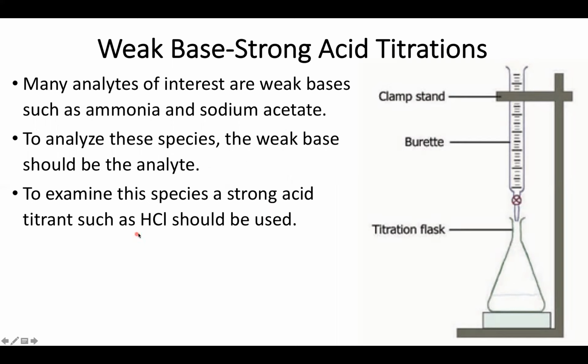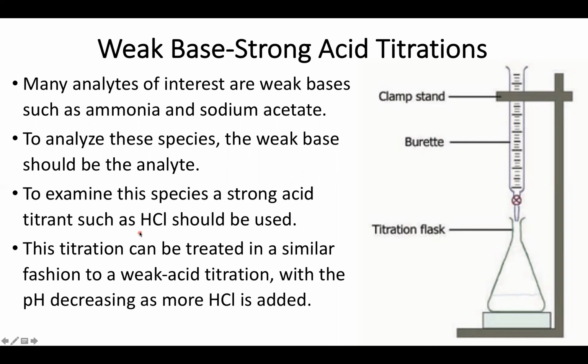And again, HCl is a good example strong acid to use. So in general, these titrations can be treated very similar to our weak acid titrations, but one of the most notable differences is that in a weak acid titration, our pH increased because we were adding a base. In this case, our pH will decrease as we're going to make it more and more acidic.